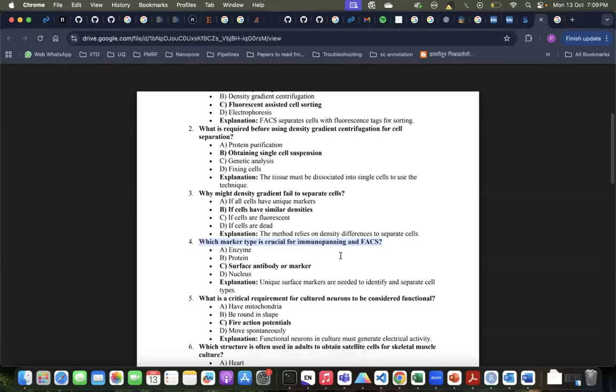But also for FACS, we discussed that if an internal protein can express a color, for example, a lot of times what people do is you can have a GFP tag on some of the proteins that are inside the cell, then intrinsically your cell is going to glow green or any other color.